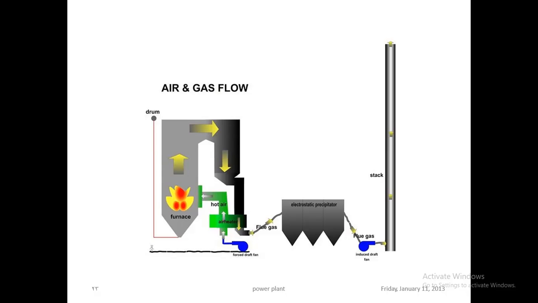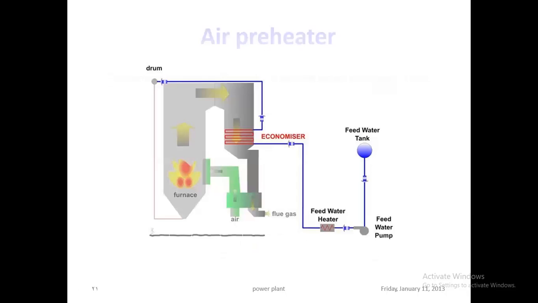Sorry, this is the economizer that converts your wet steam into dry steam, and furthermore a superheater is connected, which can convert your dry steam into super saturated dry steam in a pressurized way.